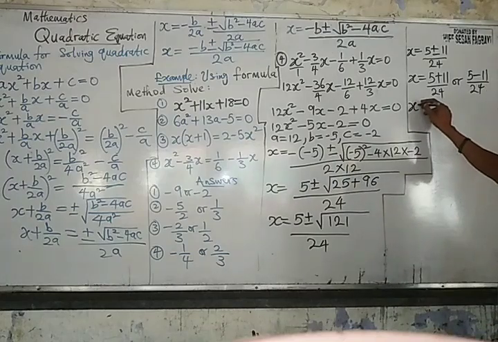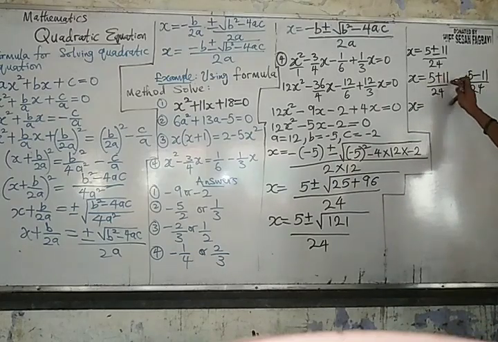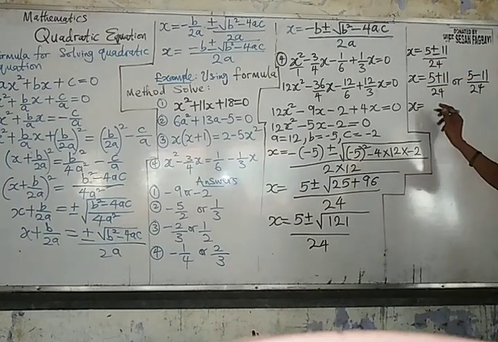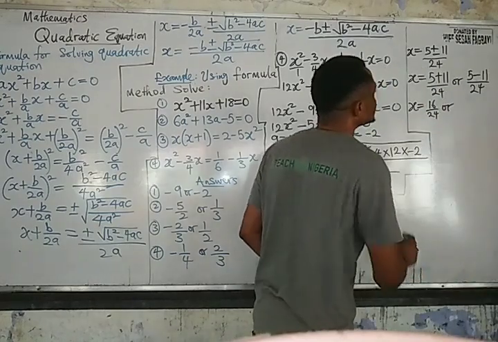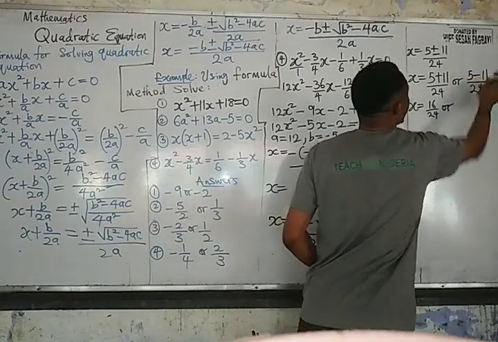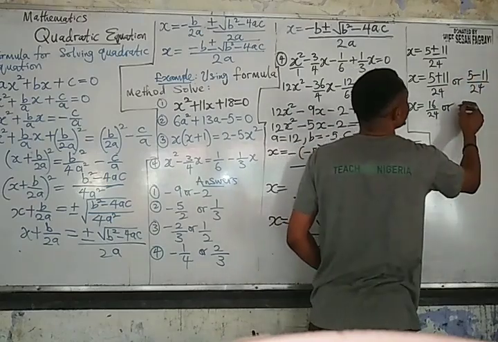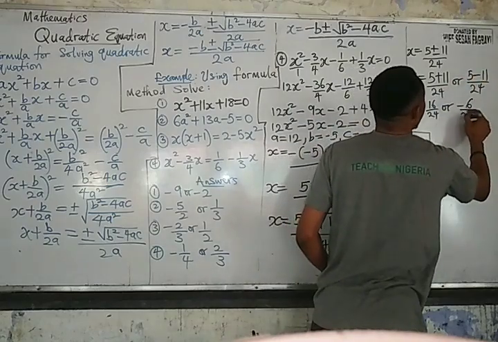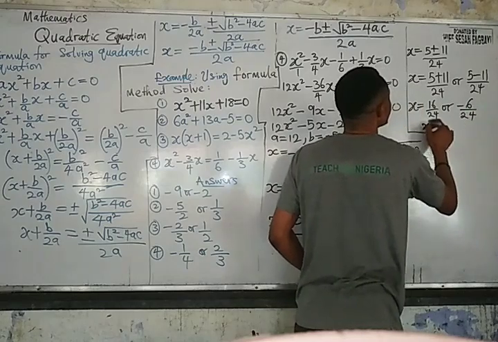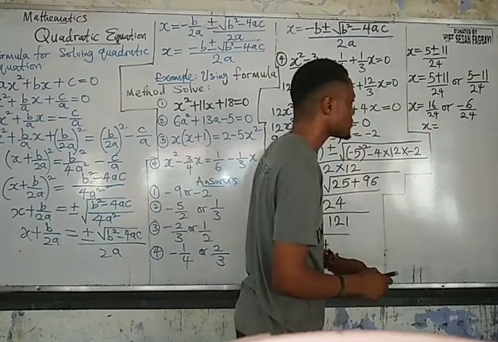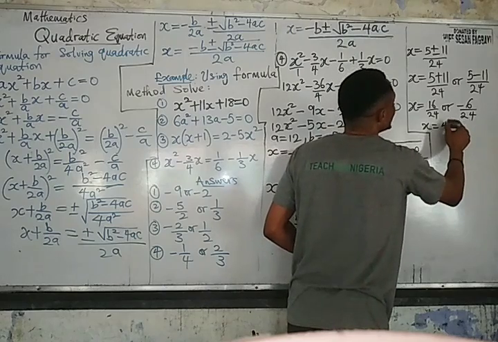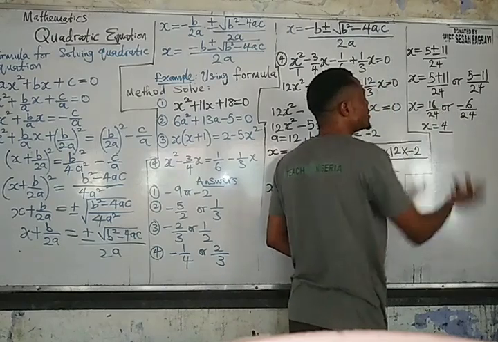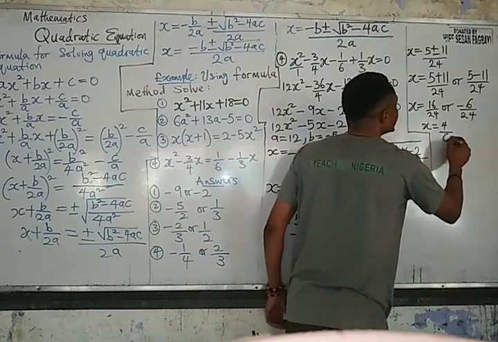So from here, this is going to give us 16 over 24, or 5 minus 11 is going to give us minus 6 over 24. So let's cut this. 4 goes in 16, how many times? 4. 4 goes in 24, how many times? 6.